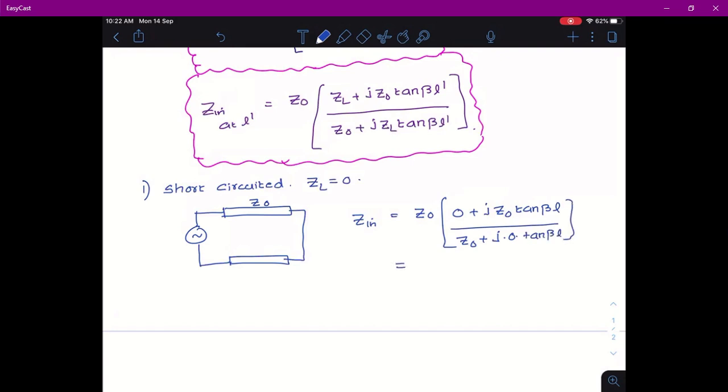This is equal to, you see the Z0 at the numerator and denominator gets cancelled, and there is Z0 here, which gives j Z0 tan beta L. So, for a short circuited line, the input impedance is equal to j Z0 tan beta L.